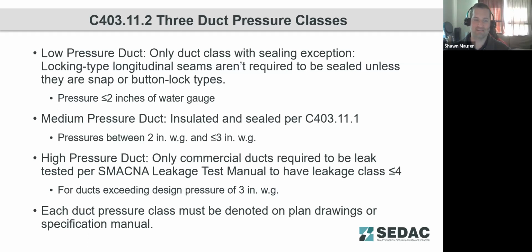To have a leakage class of less than 4. There's a specific calculation that's listed in the code section that's based on the pressure in the ductwork and the flow rate through that system that converts the pressure and relative leakage rate of that duct system that gets tested into a leakage class. And so as long as that leakage class is less than 4, that ductwork is in compliance with the energy code. So it's important to be aware of those 3 different classes for duct pressure, and that they do have differing requirements for leakage and pressure testing.